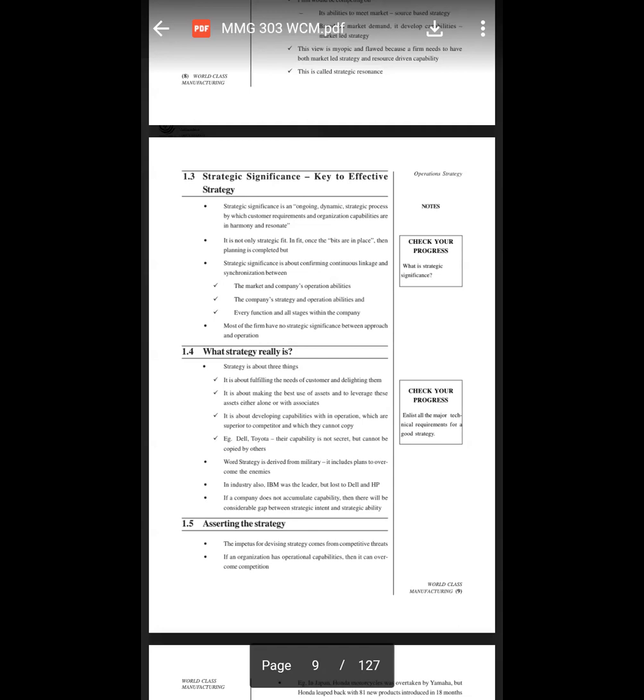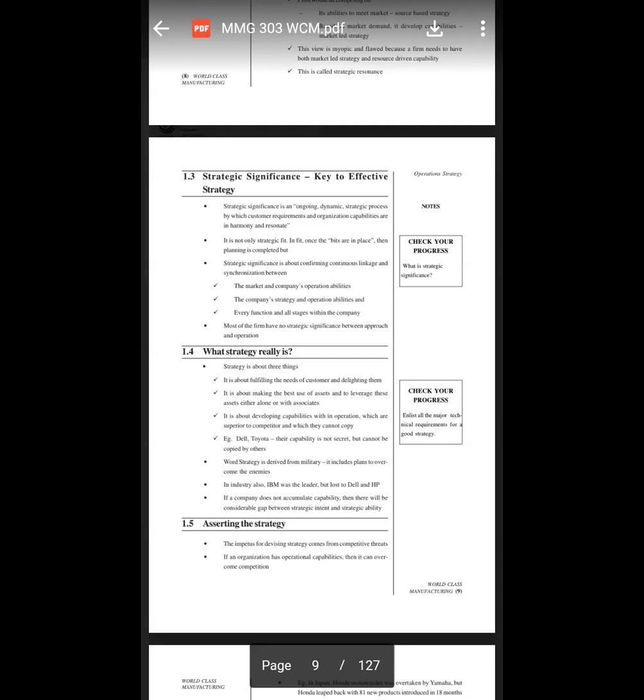Strategic significance is about confirming continuous linkage and scrutiny between the market and the company's operation abilities, the company's strategy and operational abilities, and every function and all stages within the company. Most of the firms have no strategic significance between approach and operations.